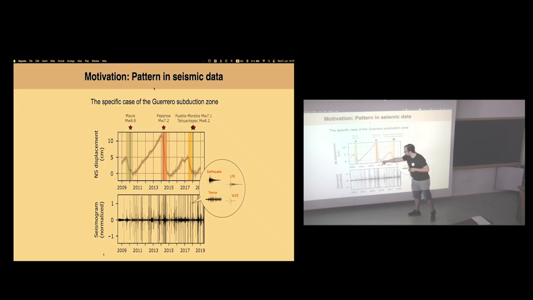And then we have some pattern which takes a long time, and this pattern is known as a slow slip event, which is the release of stress during a long period of time. And usually the signal of this event is hidden in our data.